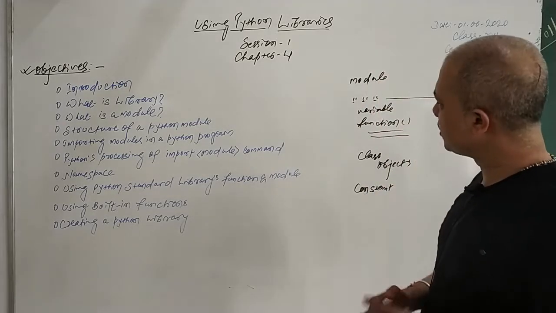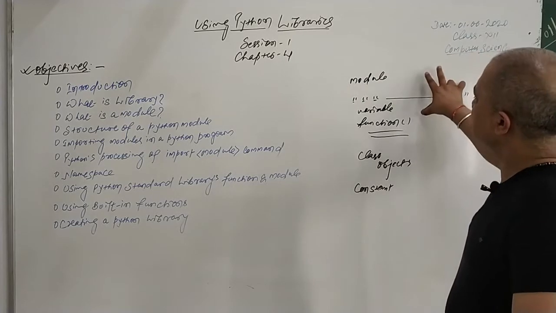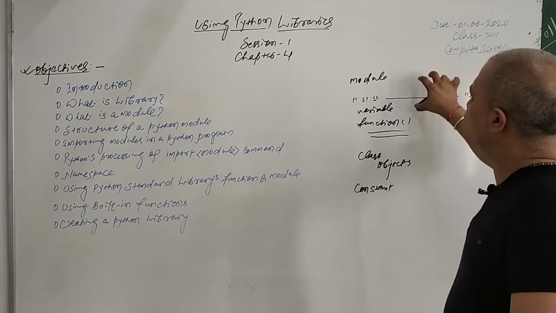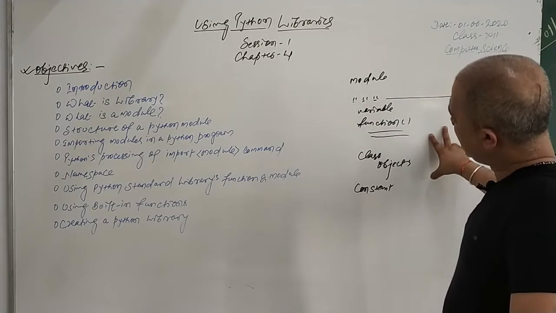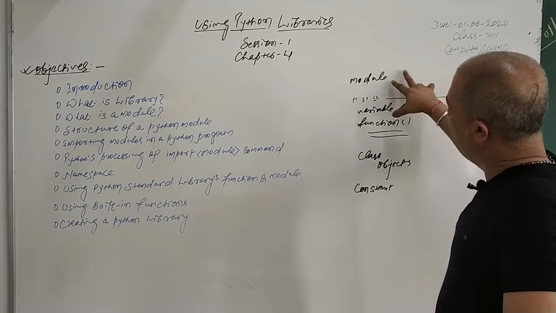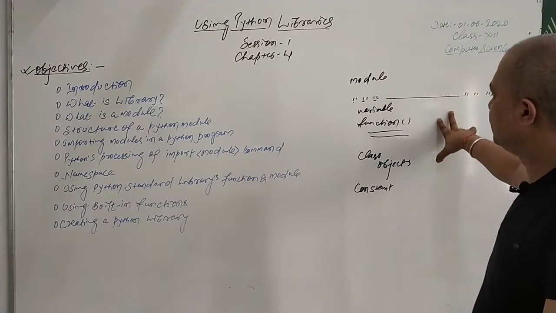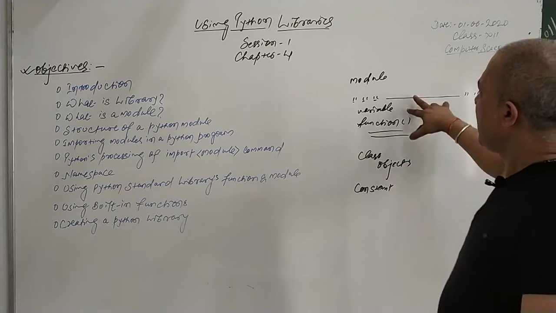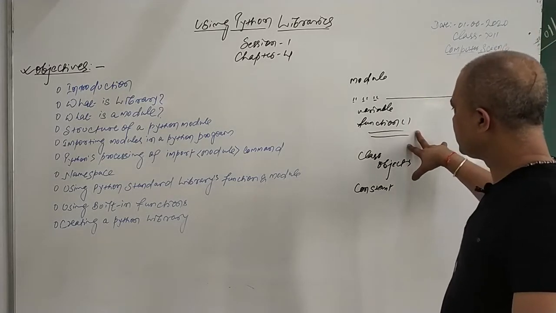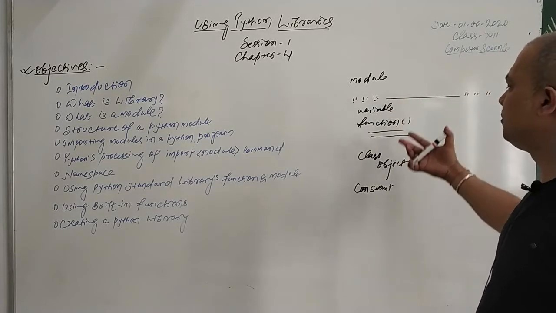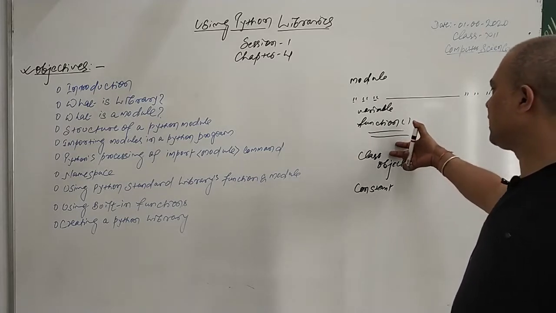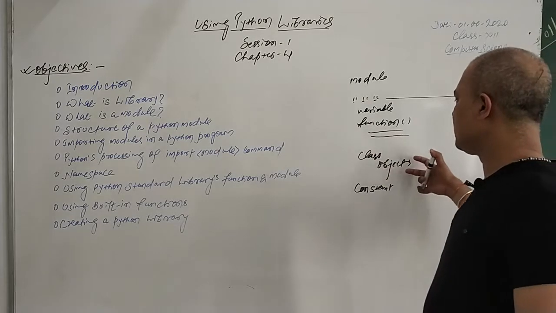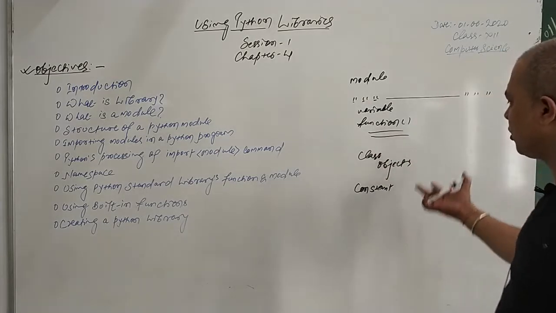So the basic structure of every module is that we must have a docstring which talks about the purpose of this module. If you want to know about that module, you can see its docstring, which will help you. Variables, as you all know, are required to store different things, and there may be a function, more than one function, and every function can have more than one variable. Then we may have a class. As you all know, a class is a collection of objects of a similar kind, and to present a class we need an object, and more than one object can be there.